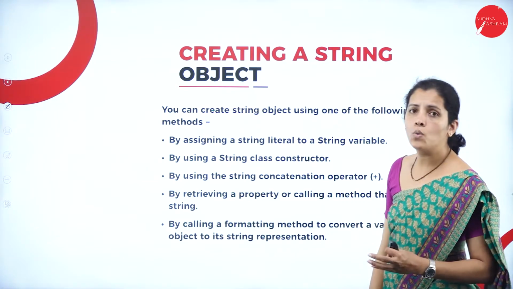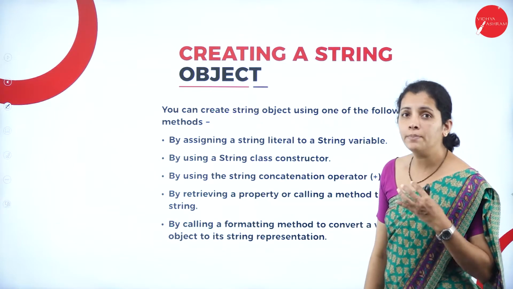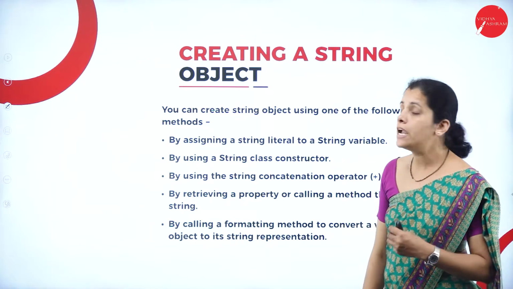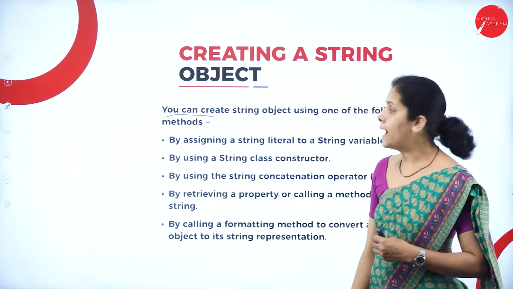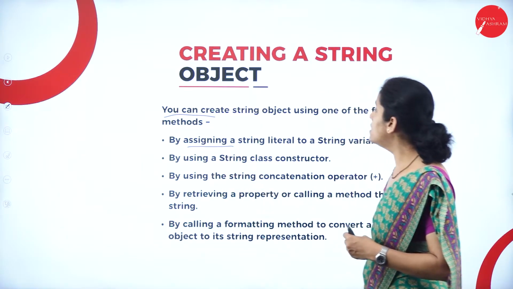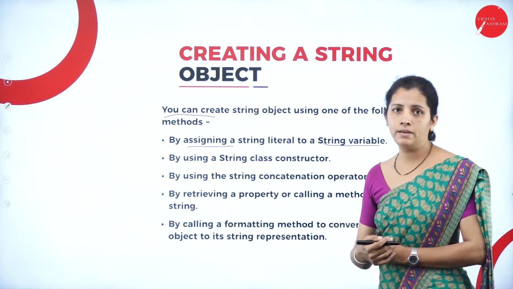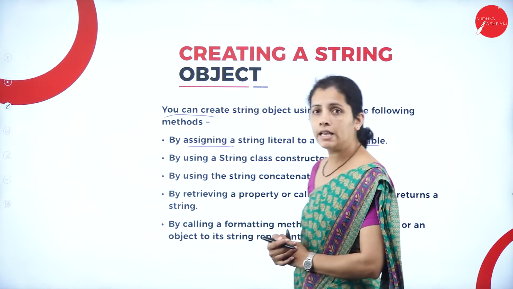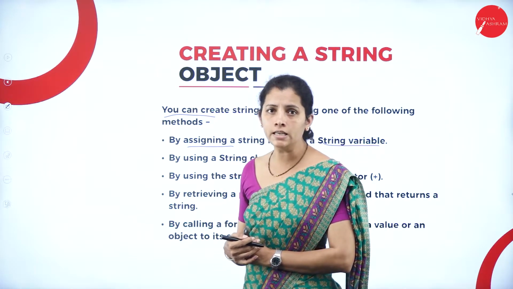Now, how can I create a string? What are the different methods to create a string? First, by assigning a string literal to a string variable. That means, first I want to create the string literal.